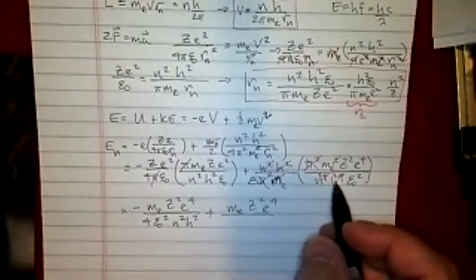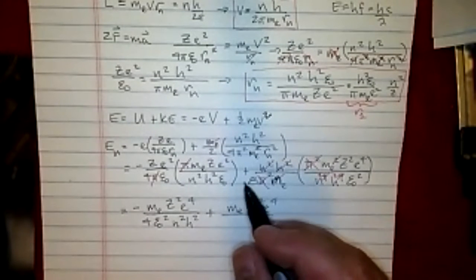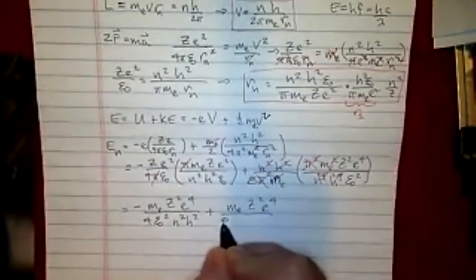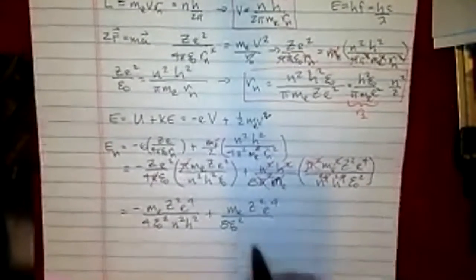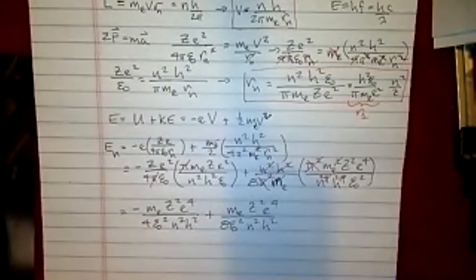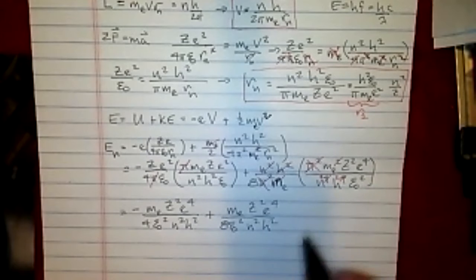Now I have an n squared in the bottom, an h squared in the bottom, an 8 here, an epsilon 0 squared. So I'm going to write 8 epsilon 0 squared n squared h squared. And that looks like it takes care of basically everything. Okay, so now I've got all that.